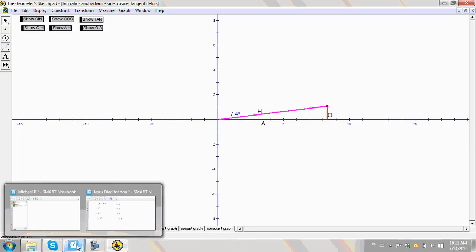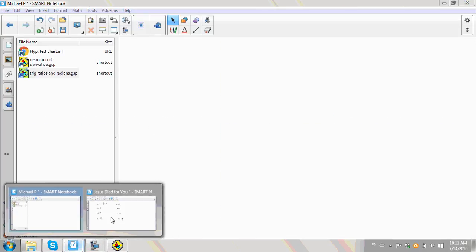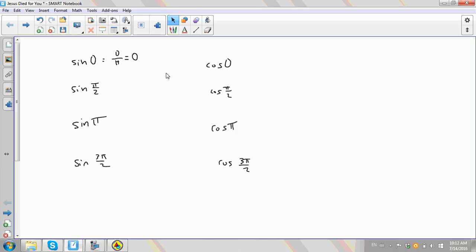So the cosine of 0 is adjacent over hypotenuse, but adjacent and hypotenuse are equal. So I'll write A over H, and you can think of this as an O or a 0, it won't really matter. But that equals 1.